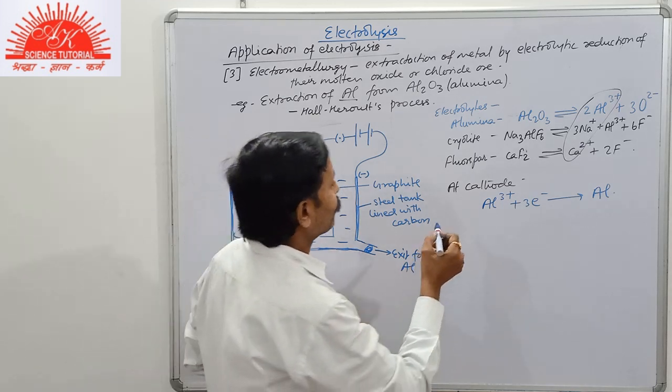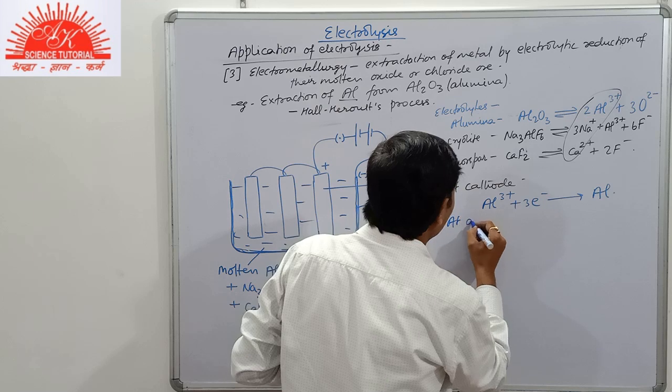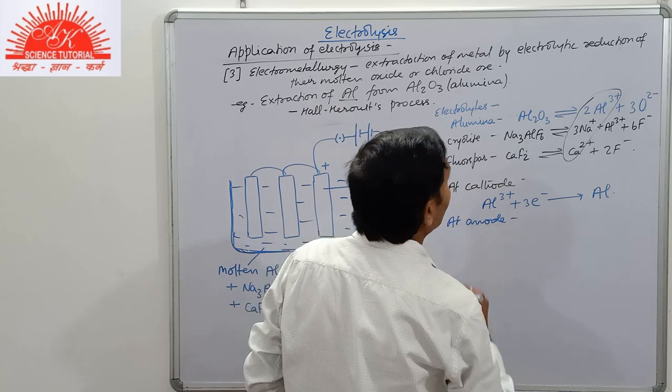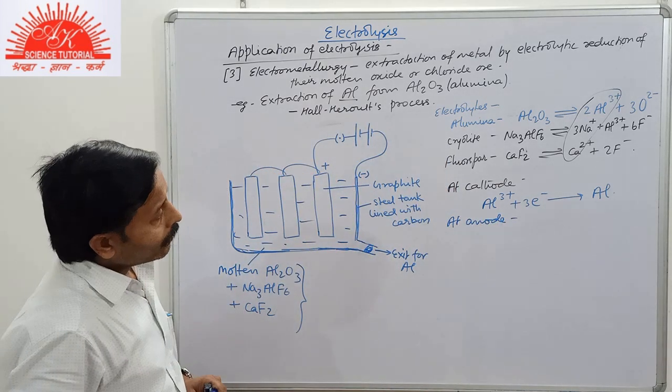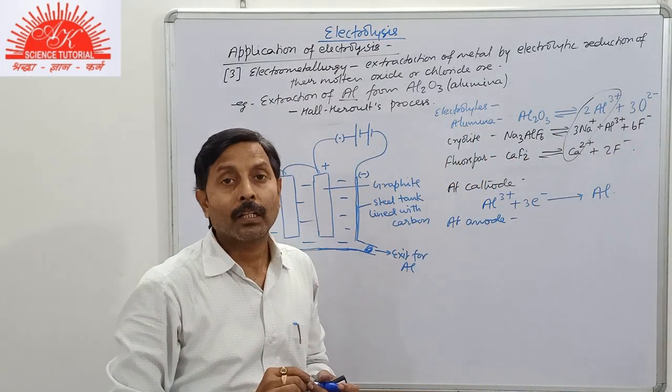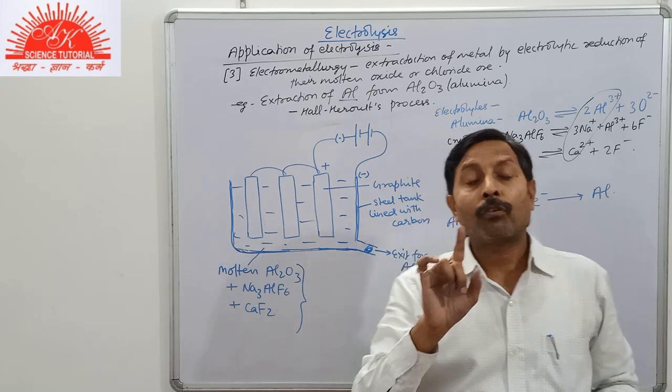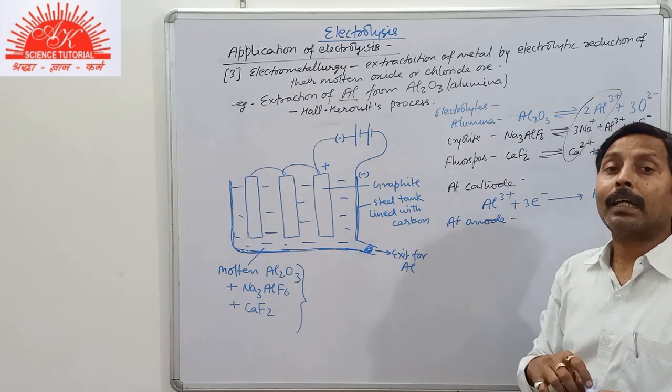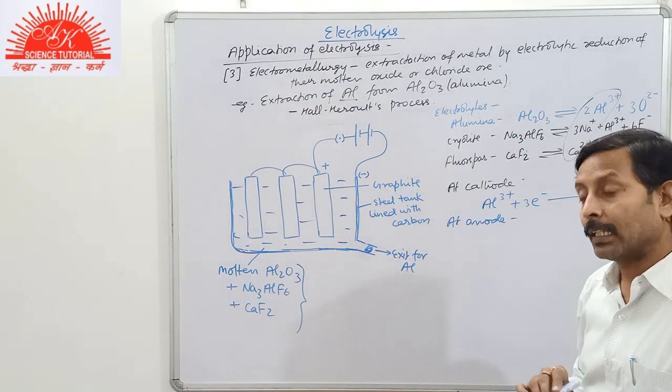Now next, at the anode, here there are two types of anions, fluoride and oxide. Again think of the anion series of the electrochemical series.